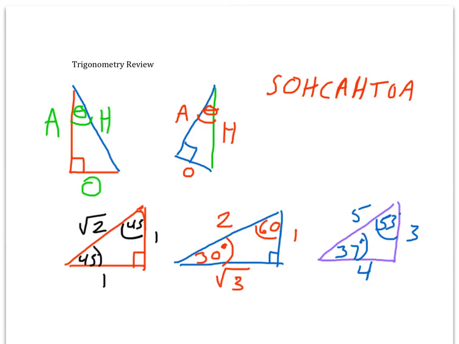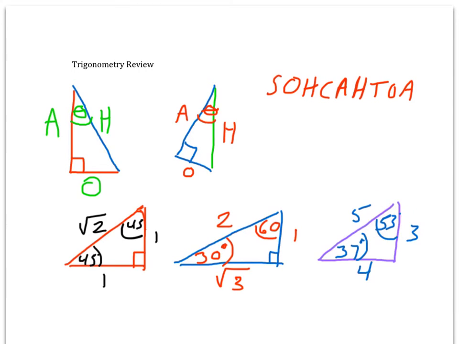So you should know, the AP folks in particular should know that the sine of 37 is 3 over 5. The cosine of 37 is 4 over 5.